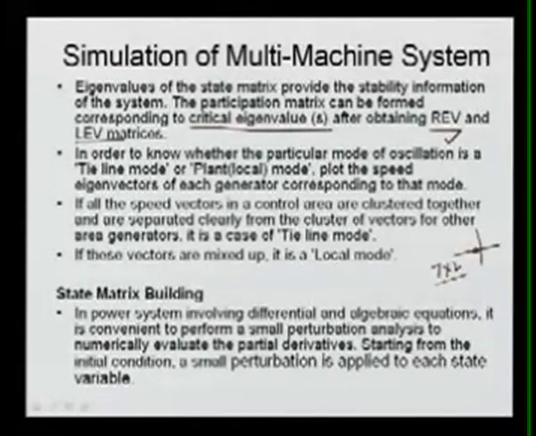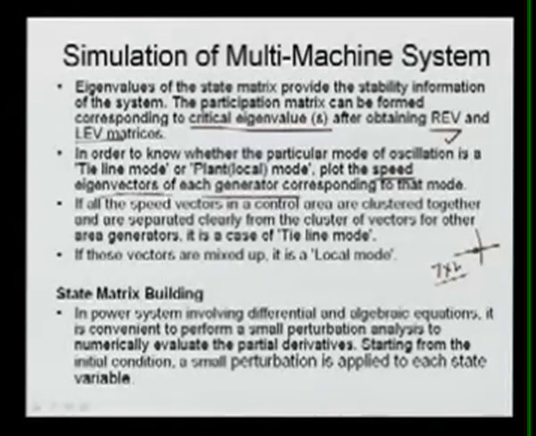In order to know whether a particular mode of oscillation is a tie-line mode or a local mode, plot the speed eigenvectors of each generator corresponding to that mode.